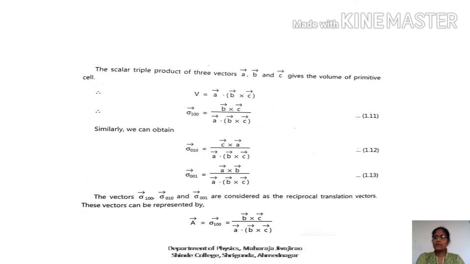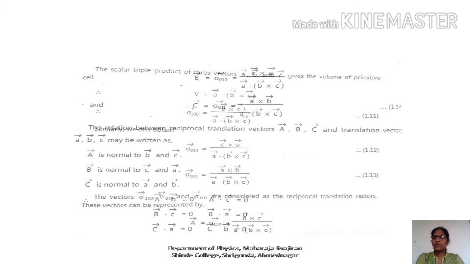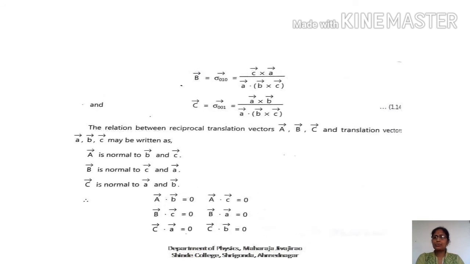Therefore, the vectors sigma 100, sigma 010, sigma 001 are considered as reciprocal translational vectors, and they can be represented by capital A, capital B and capital C as shown in this presentation. Now, we have seen that A is normal to B and C.